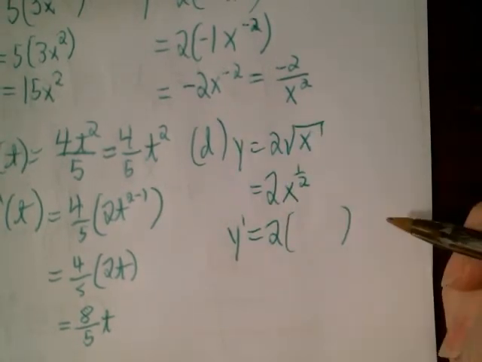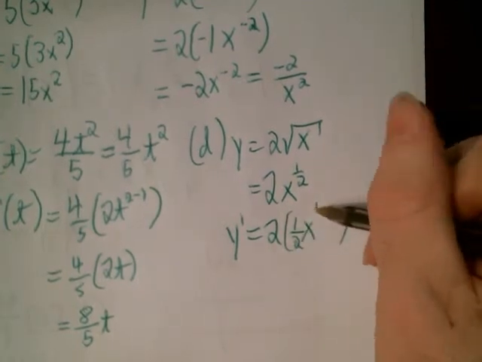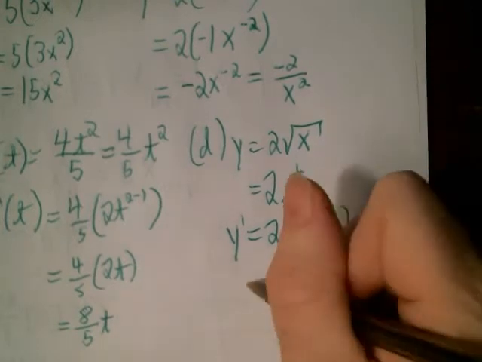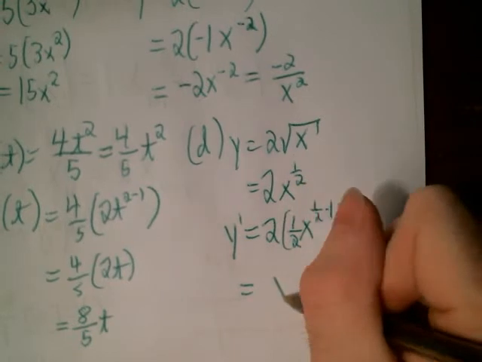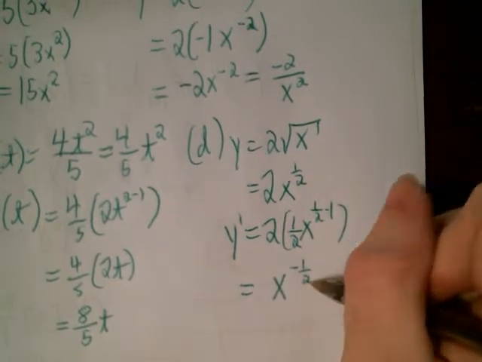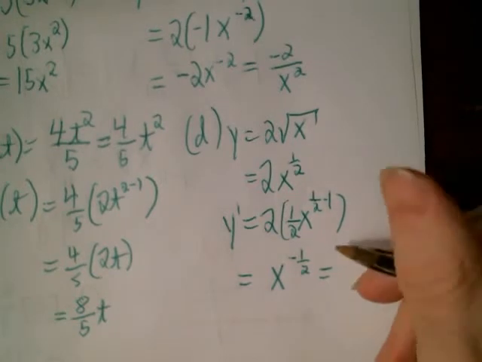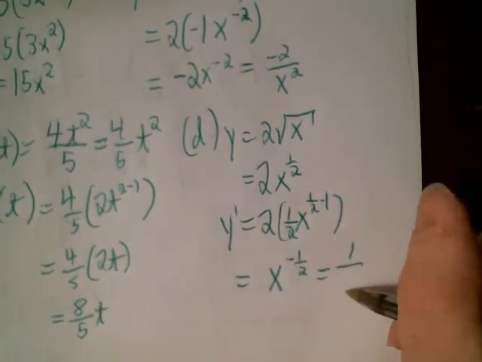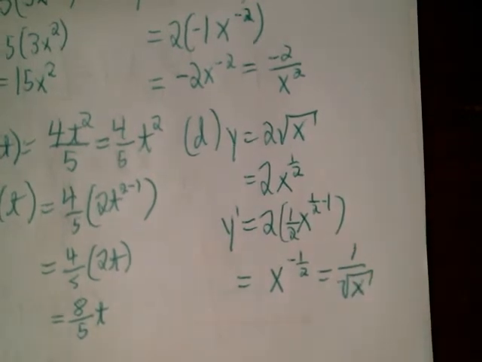And then the derivative of x to the 1/2: you bring down the 1/2. We got x to the 1/2 minus 1 this time. 2 times 1/2 is just 1. So I got x to the negative 1/2. And then that's 1 all over x to the 1/2. And x to the 1/2 is just the square root of x. So I get 1 over square root x.